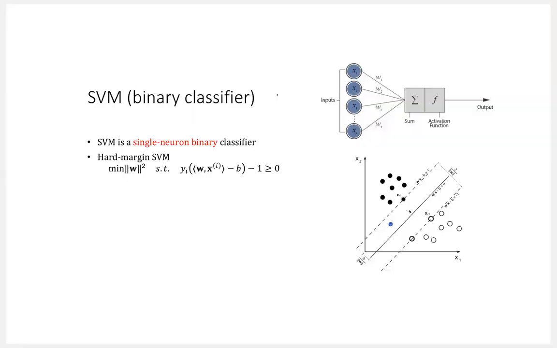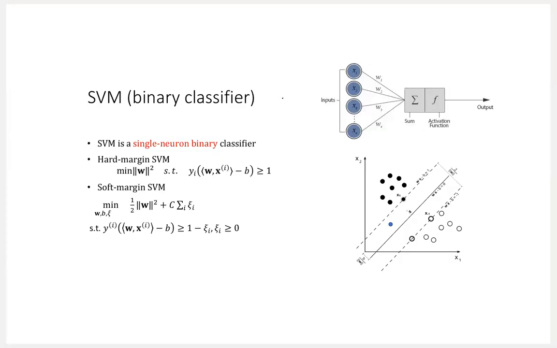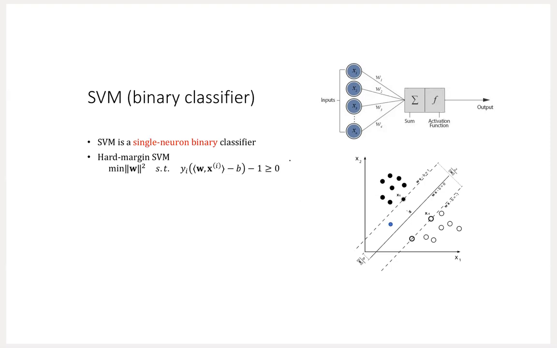And by the way, we call this a hard margin SVM formulation. It's a little bit ideal because, for example, if I have some outlier during training, or maybe simply your data points are not linearly separable, then some of these points can never be separable by a linear separator.